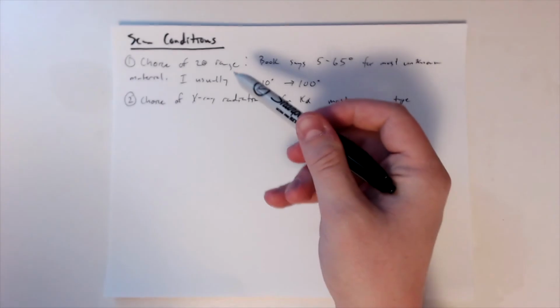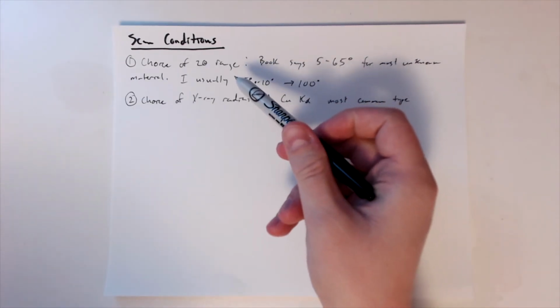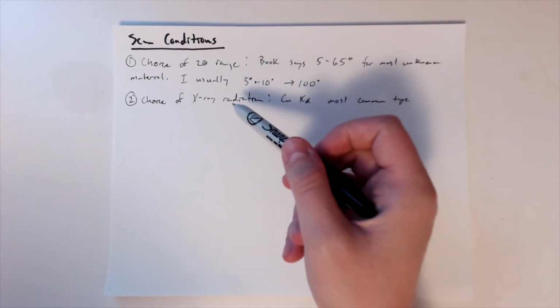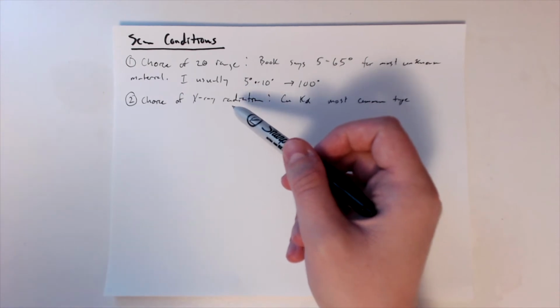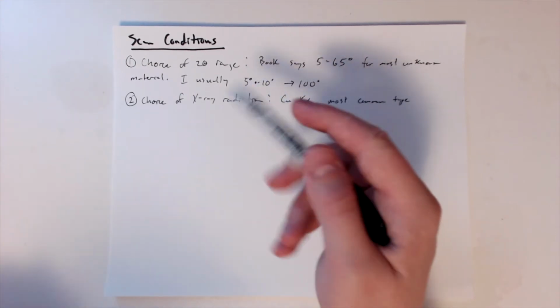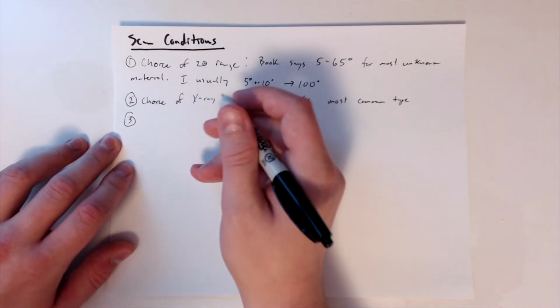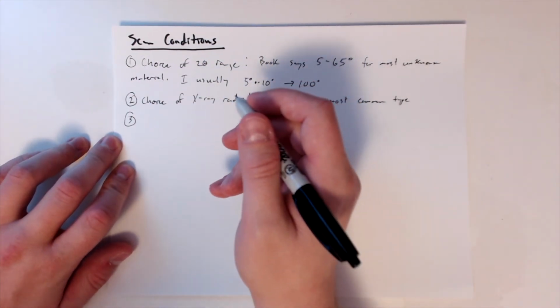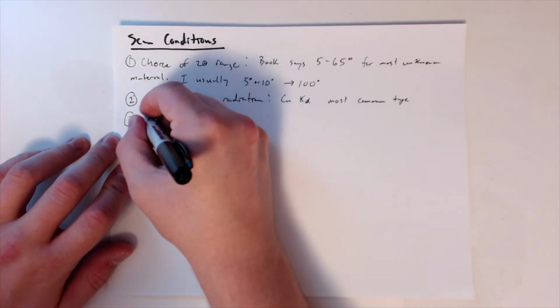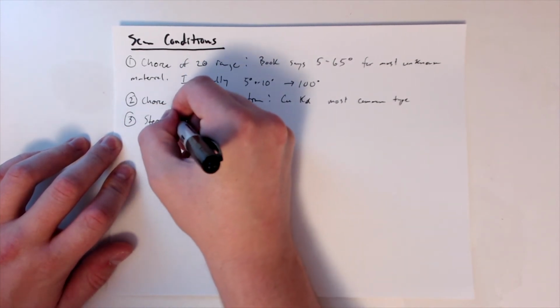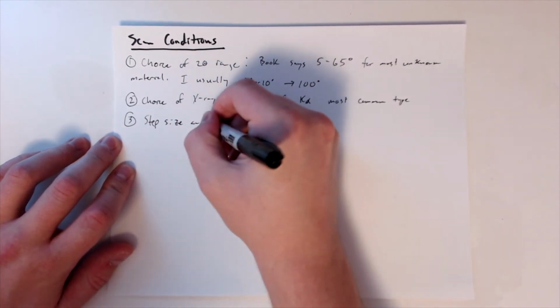So that's the idea in the relationship between wavelength and the d-spacing. Okay, so at this point we've looked at the 2 theta range that we want to use, and we've looked at the incident X-ray radiation source that we want to use. So now let's look at another important step that can be changed very easily, and that is the step size and width.